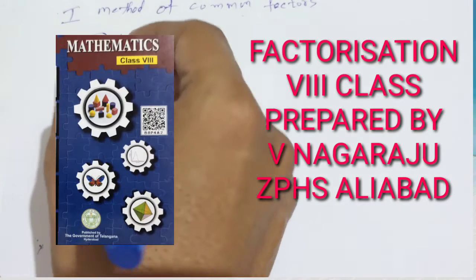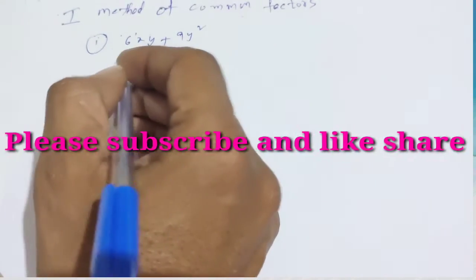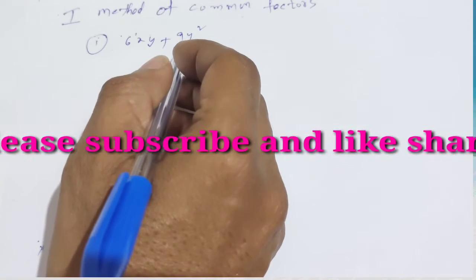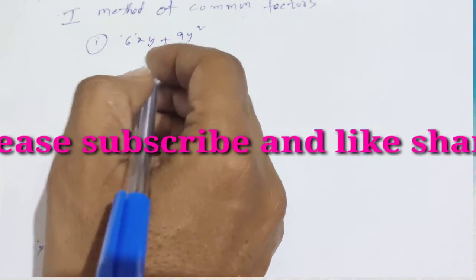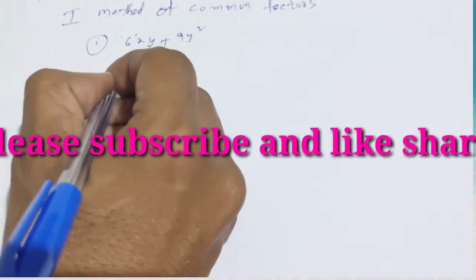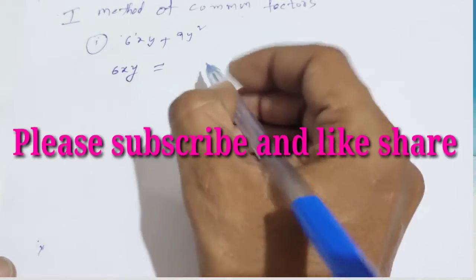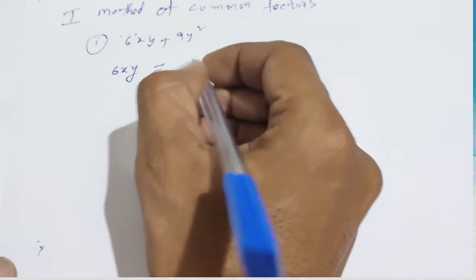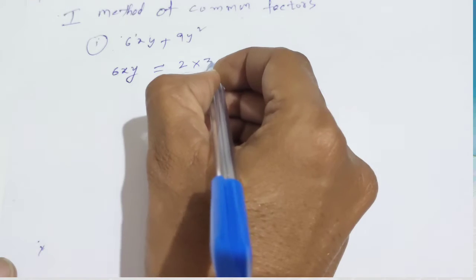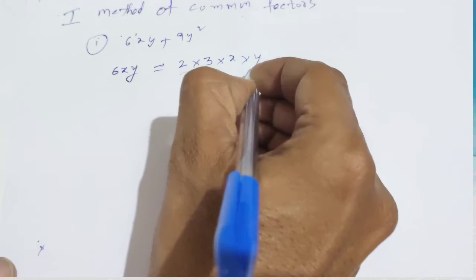Now students, let us do the factorization in the method of common factors. In that one, the first sum is 6xy plus 9y square. So now observe these two terms. Take the first term and factorize it: by seeing 6 we can write 2 into 3, and then xy is simply x into y.